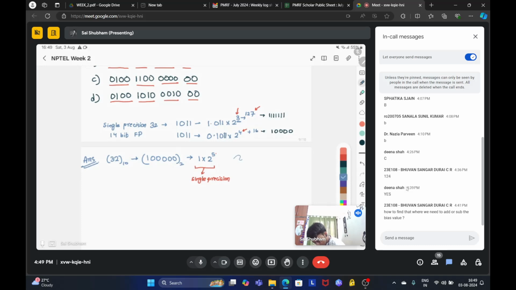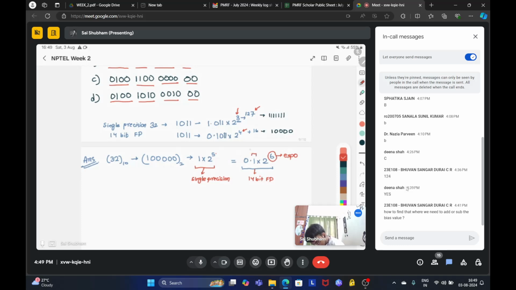Now what we need is 0.1 into 2 power 6. This we will use for 14-bit FP. In this case 6 is the exponent.